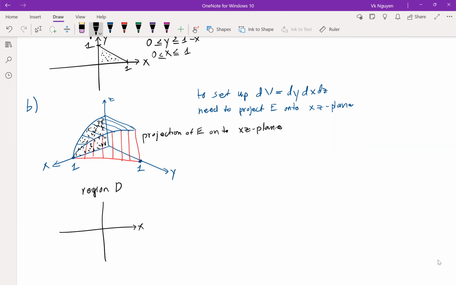Here comes x, here comes z. So x equals 1, z equals 1, and it looks like an upside-down parabola. It's not a straight line, it's a parabola.